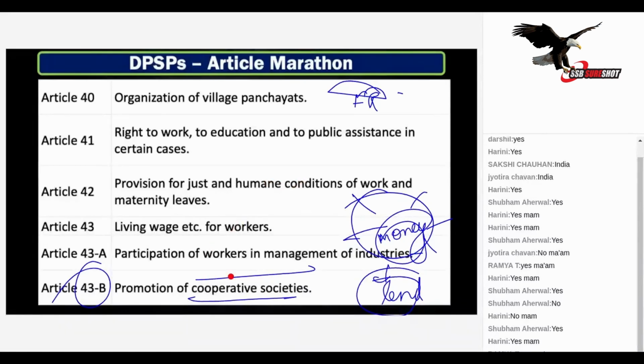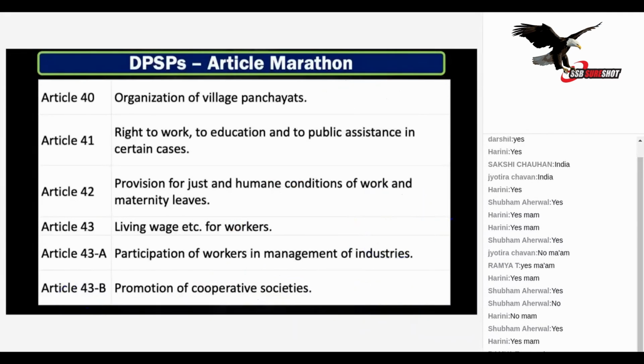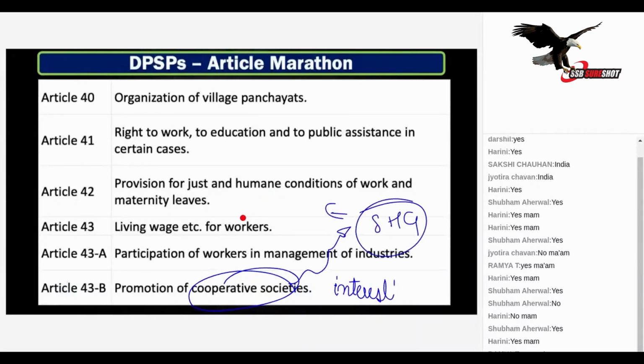So cooperative societies should be promoted because the interest is least, and they lead to self-help groups. The best example of a self-help group is Amul. Can you see now? It's a brand, one of the best brands of India. In dairy products, it came through a cooperative society only.